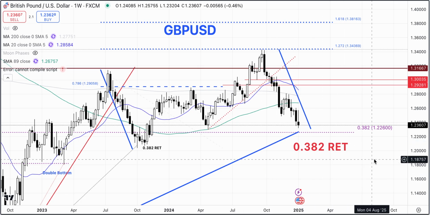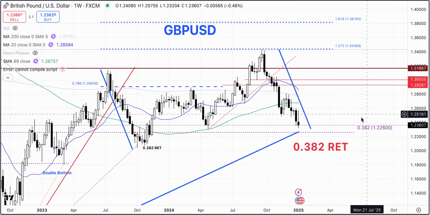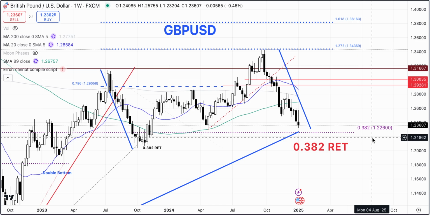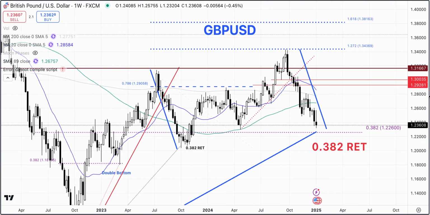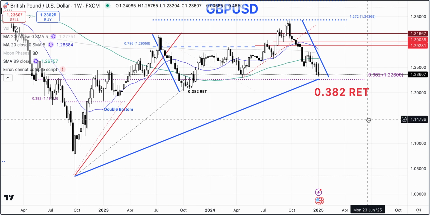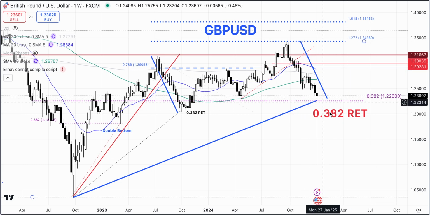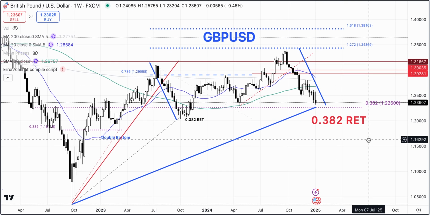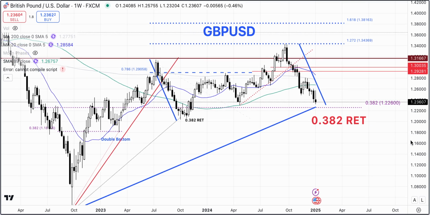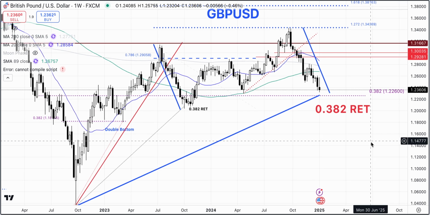But the really important level to watch on the weekly chart is this 122.60. This is the 38.2% retracement, and this is a big number because this is the retracement going back to the low that we saw in September of 2022. So we are actually right in this moment of truth for the British pound.